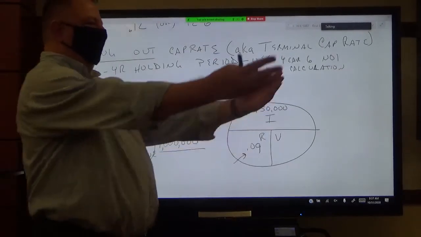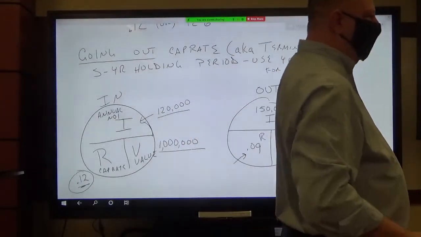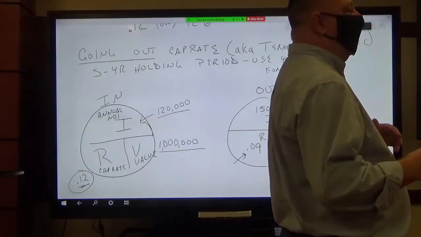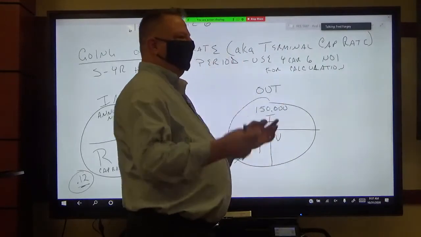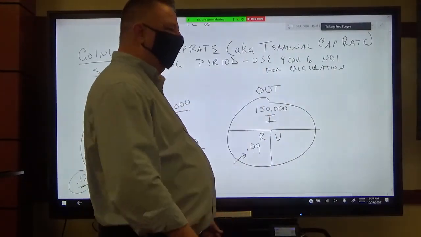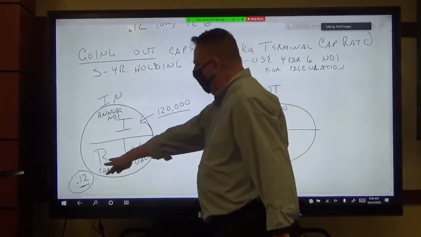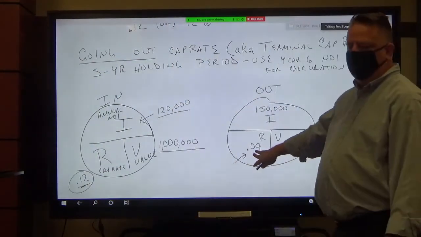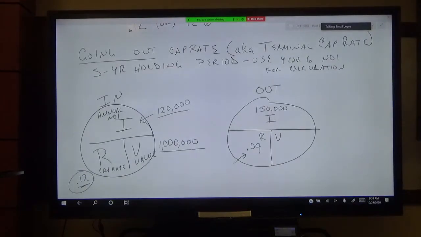Now, let's also step back here for a second before we do the calculation. It is an awesome, wonderful, terrific, marvelous thing to have your cap rate go from 12% down to 9%, because that is basically saying this property is less risky than what it was whenever I bought it. It's more desirable than whenever I bought it. It has super high quality tenants from when I bought it.